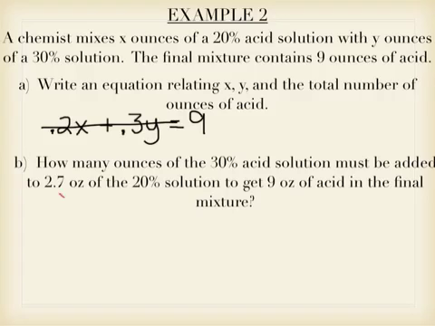X. It's 2.7 ounces of the 20%, which is our X variable. So we are going to do 0.2 times 2.7 plus 0.3 times Y, and that has to equal 9.